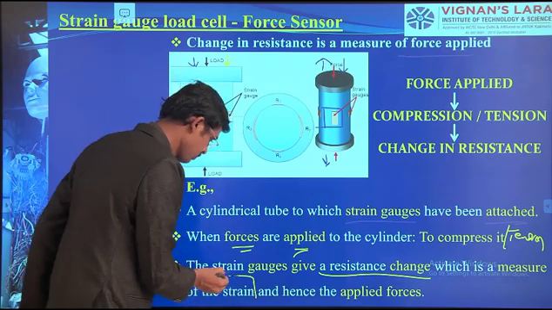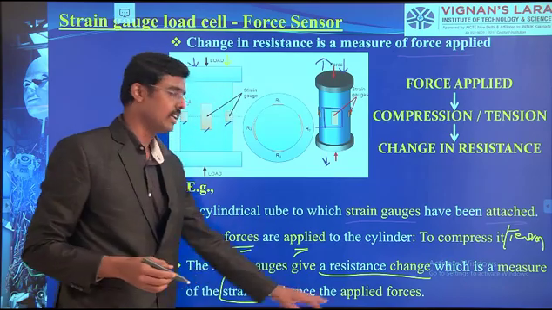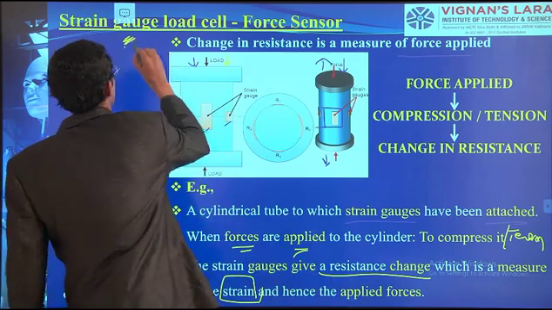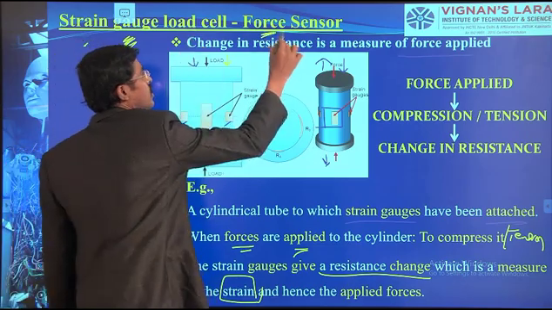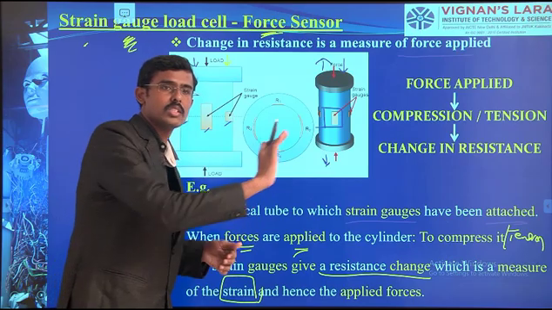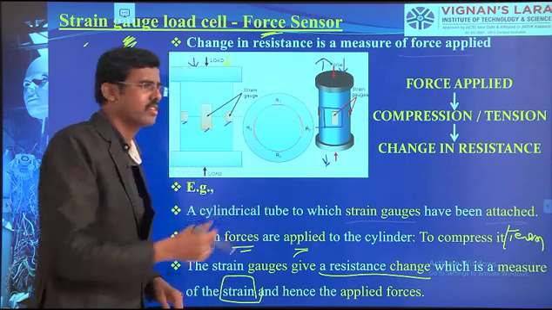And hence the applied force is measured; we can use it as a force sensor. What force or load is applied, we are finding through the strain gauge load cell. Nothing more different is here.